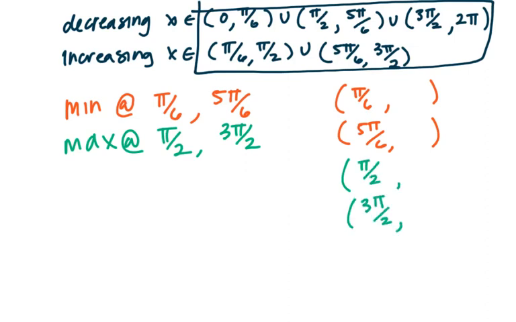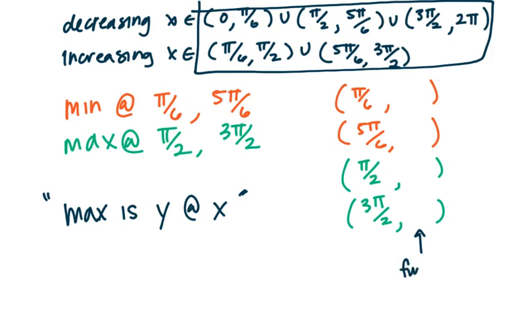And if I want the y value, because the max or min is y at some x value, right? If we want those values, we're going to plug them into the original function. You don't want to plug them into the derivative because these are all my critical points. They came from the derivative being equal to 0. So you want to plug them into the function to get those output values.